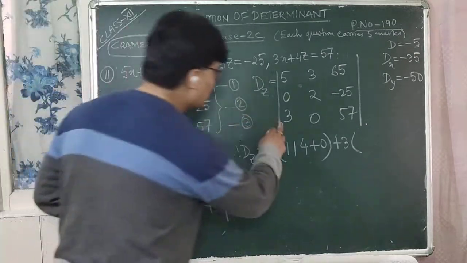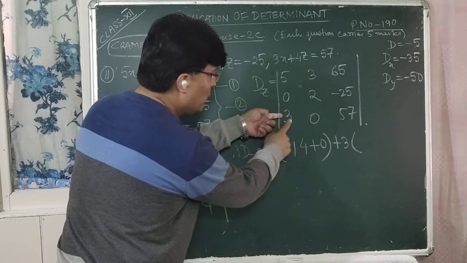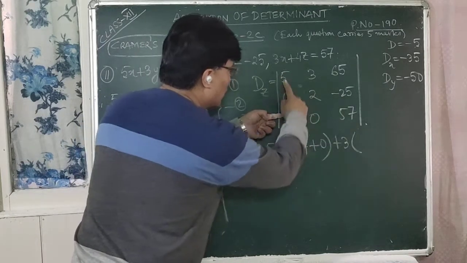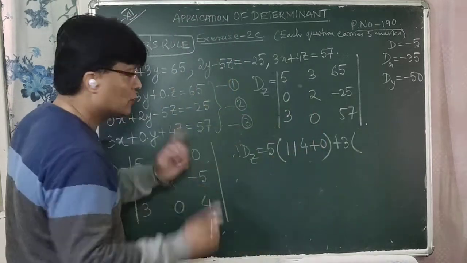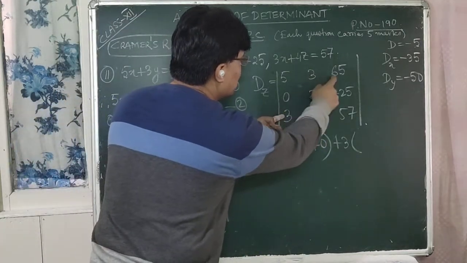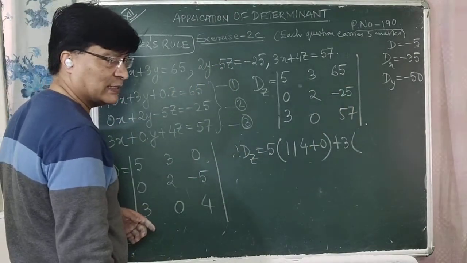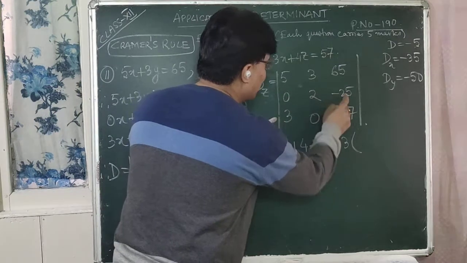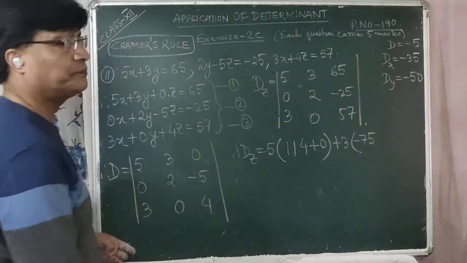So you don't have to write down this 0. Okay. Then comes plus 3. If you take this 3, you have to delete the row and the column through the element 3. That means third row and first column are deleted. So what remains? 3, 65, 2 and minus 25. So let us cross multiply it. 3 multiplied by minus 25 is minus 75, isn't it?